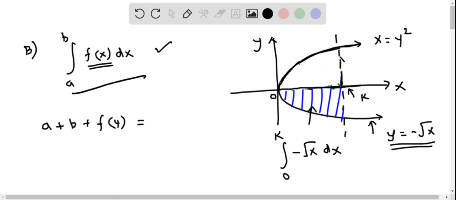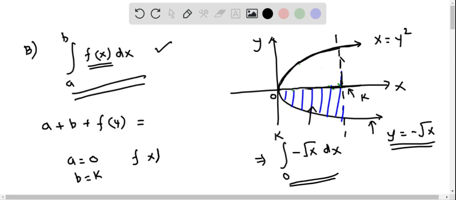We have written this integral in this form, and this means we identify a equals 0, b is the upper limit which is k, and f of x equals negative root x. Let's find a plus b plus f of 4. So 0 plus b is k, plus f of 4.